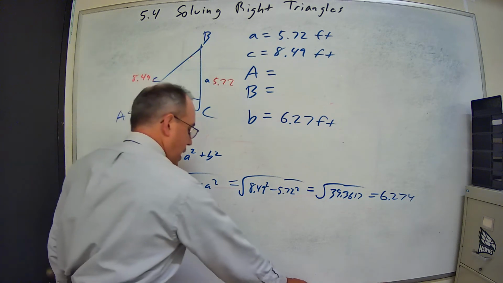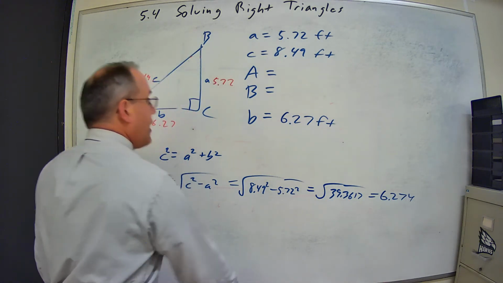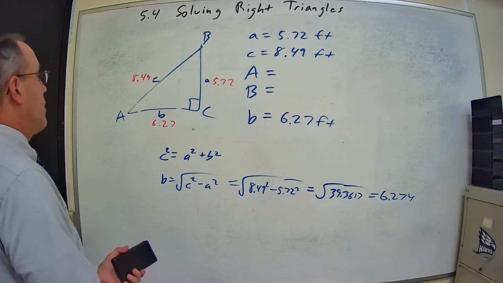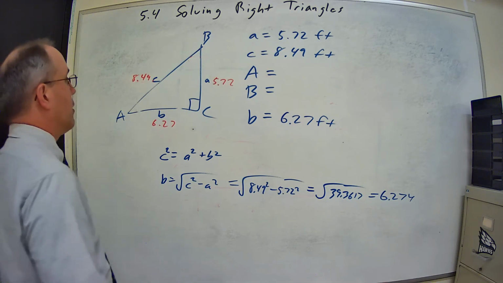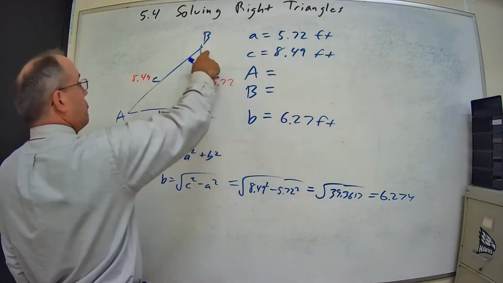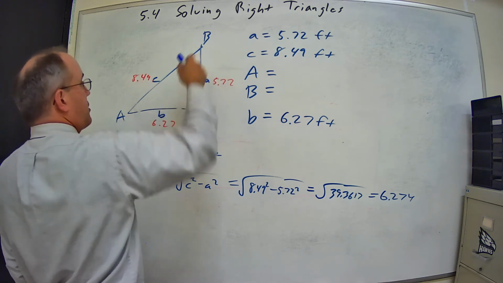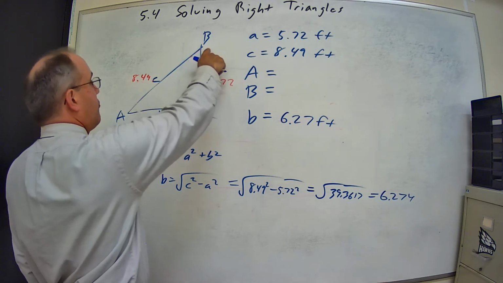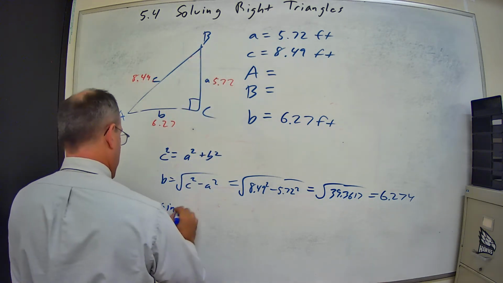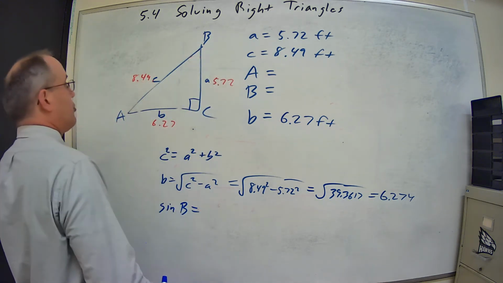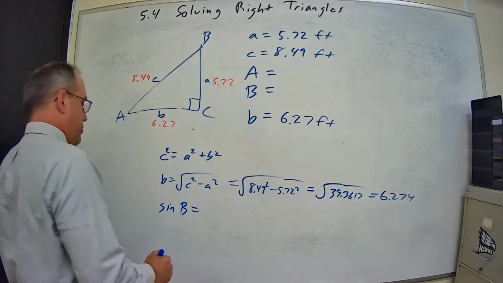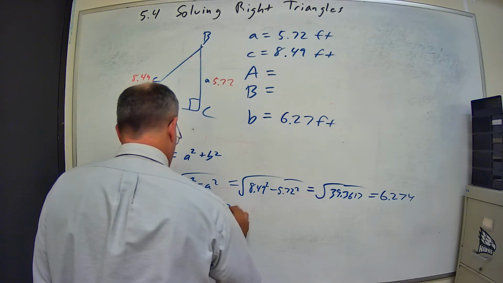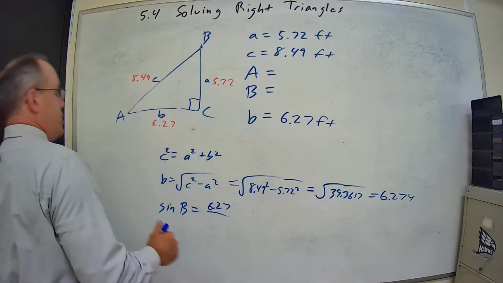So if we want to find any of these angles, we can just use a trig function. Let's go for angle B just because it's what I happen to be looking at. The sine of B is equal to opposite 6.27 over the hypotenuse 8.49.